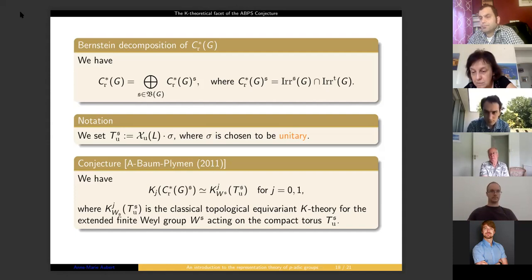Roger, as Aubert said, this feels at a naive level like you decompose the right-hand side of Baum-Connes, and for individual pieces you're attaching some topological spaces, and the K theory should match the K theory of the individual piece. Do these spaces, this compact circle you were just talking about, assemble to something?